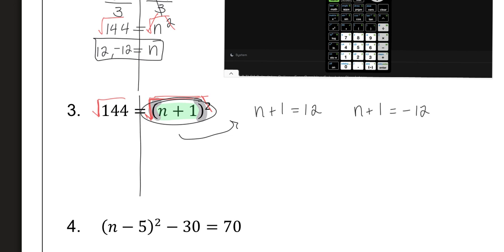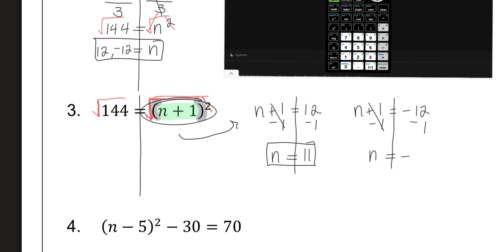Now these are just one-step equations that I can solve. So we can subtract 1 to cancel. So we either get n equals 11, or on the other side we're going to subtract 1 as well. But now we have negative 12 minus 1, which gives us negative 13. So those are my two answers.